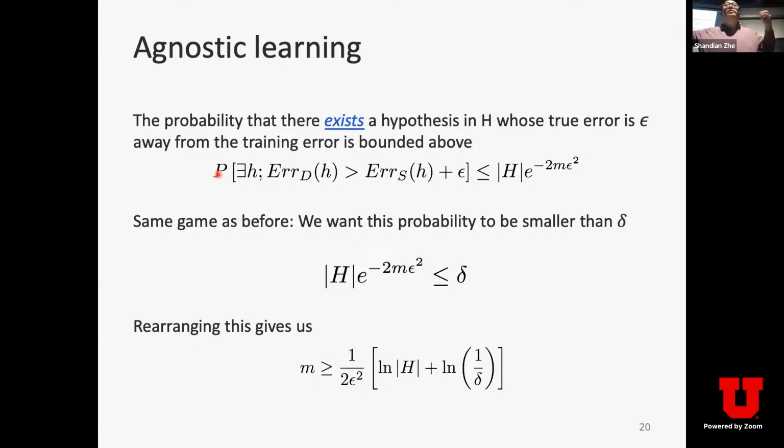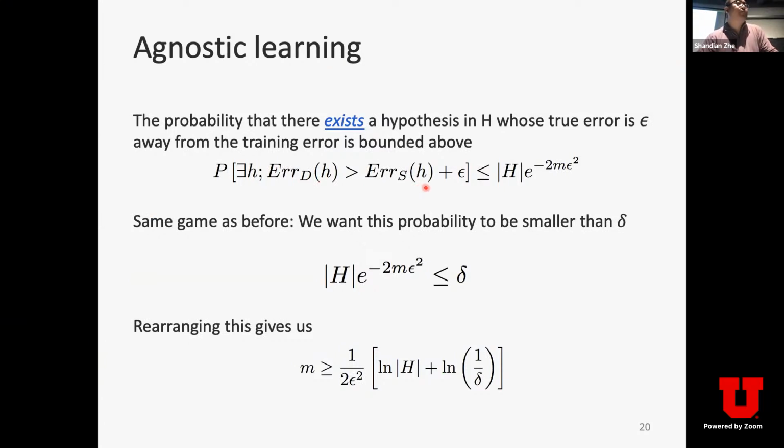So there's always a chance that your true error after learning from some randomly collected training data is much bigger than the training error. But the good thing is that, according to Hoeffding's inequality, we have derived a bound for this probability. This bound characterizes at most how likely my true error is to be epsilon away from the training error.